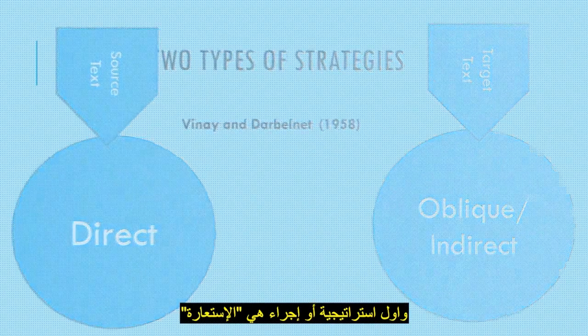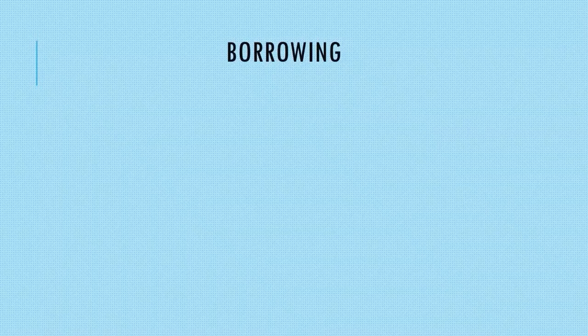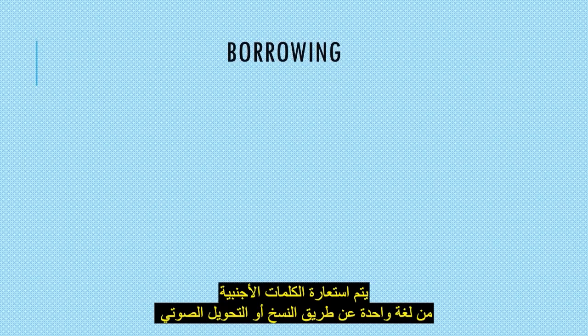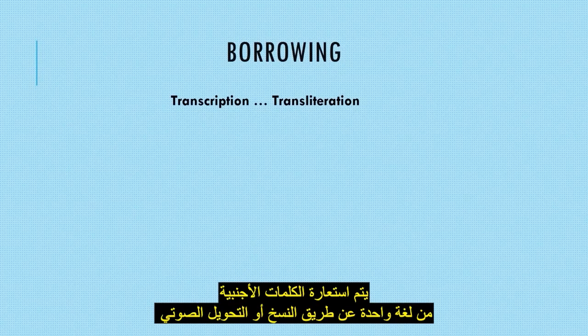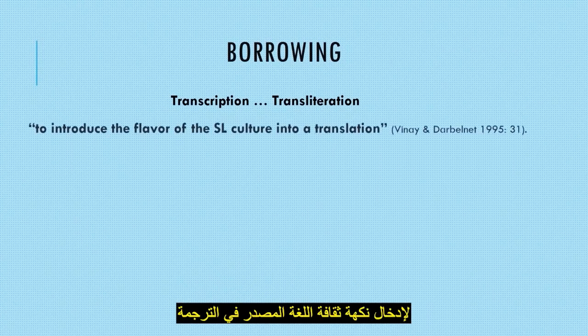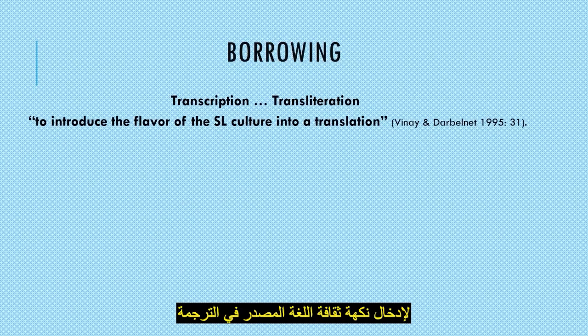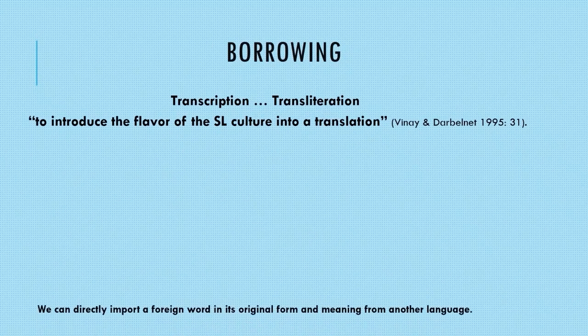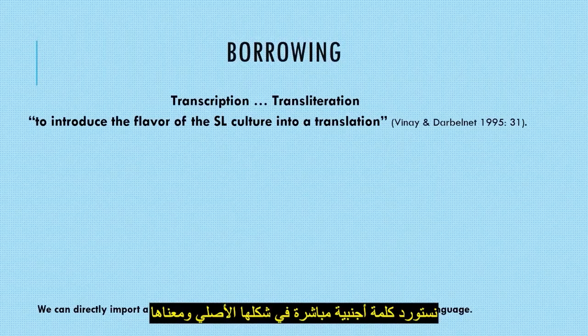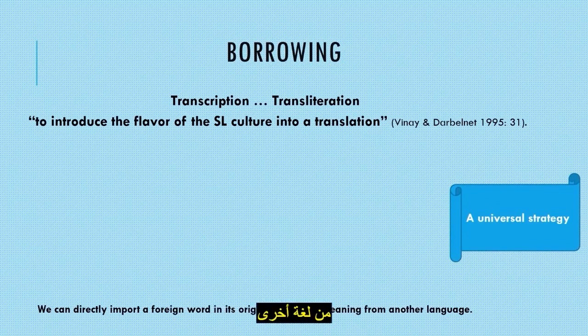The first strategy or procedure: borrowing. Foreign words are borrowed from one language via transcription or transliteration to introduce the flavor of the source language culture into a translation. We directly import a foreign word in its original form and meaning from another language.